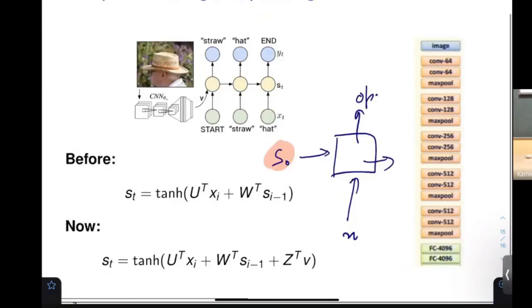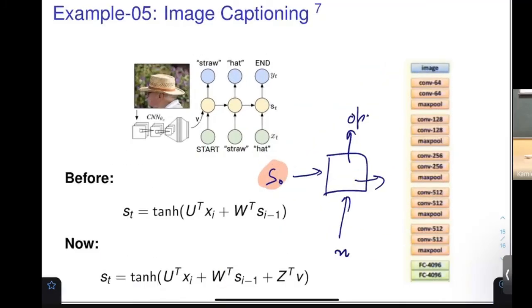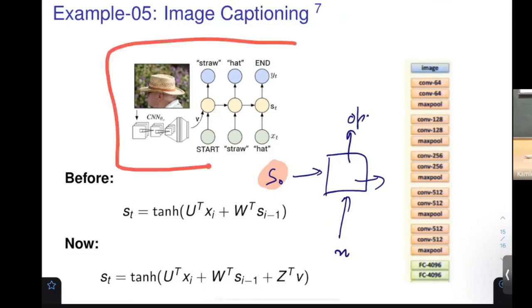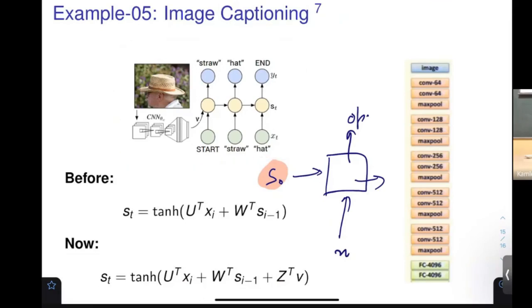This small change makes your network produce something that is related to this particular image. The first value you get is straw, then hat, then end. So the caption for this image is straw hat end.